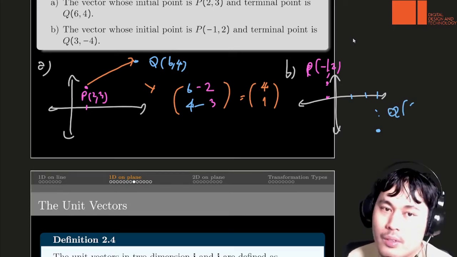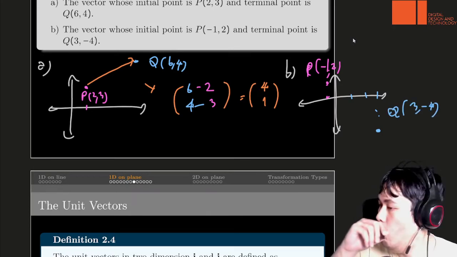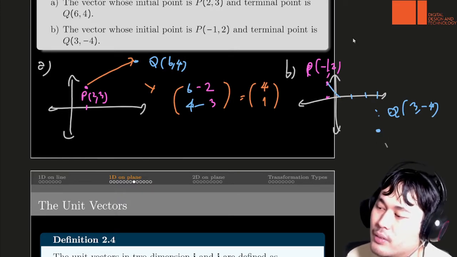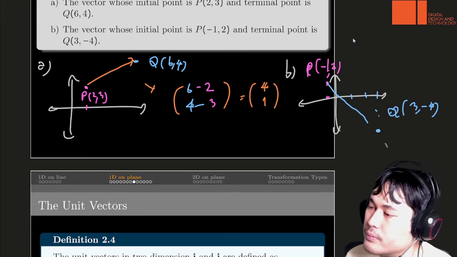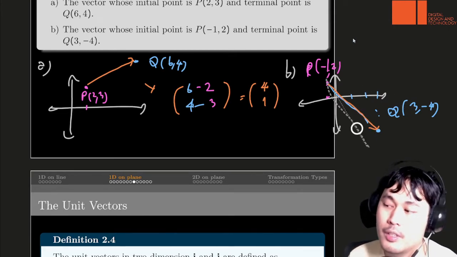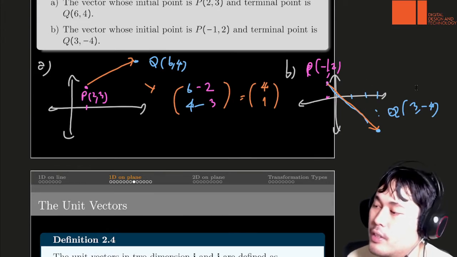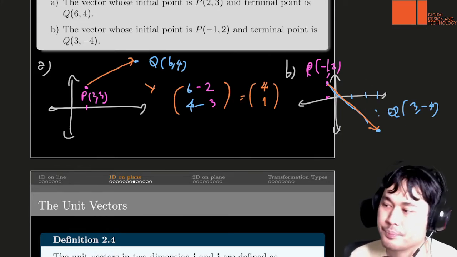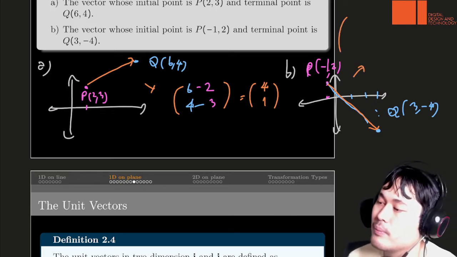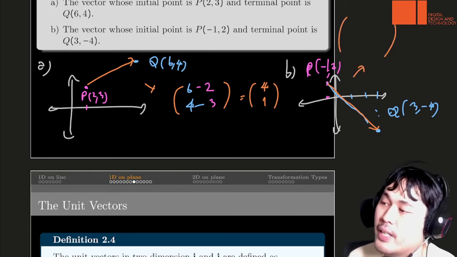That's Q, (3, -4). And you can see from the graph that we are going down. The y value of the terminal point is lower than the y value of the original point. But nevertheless, you can compute the vectors by simply subtracting.